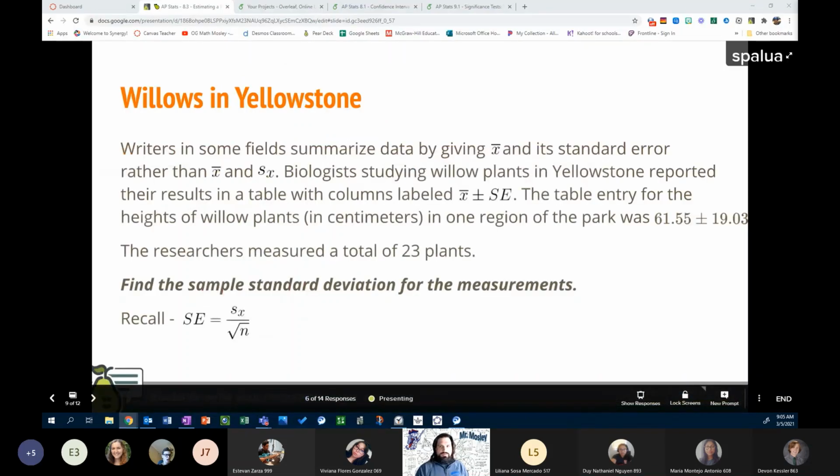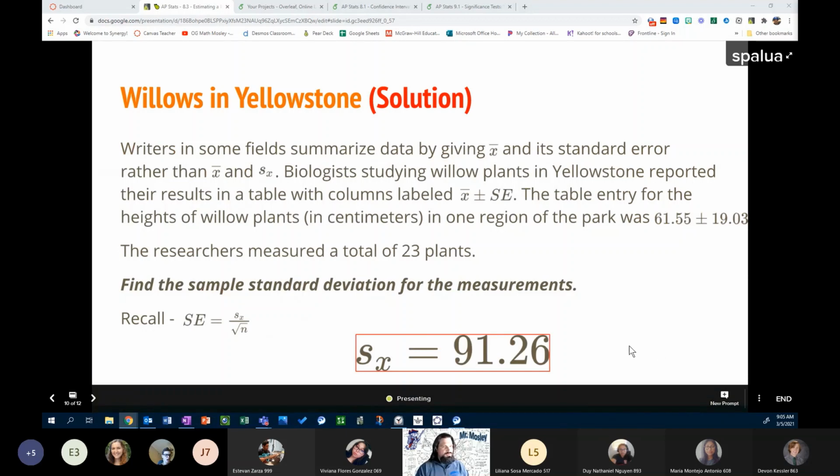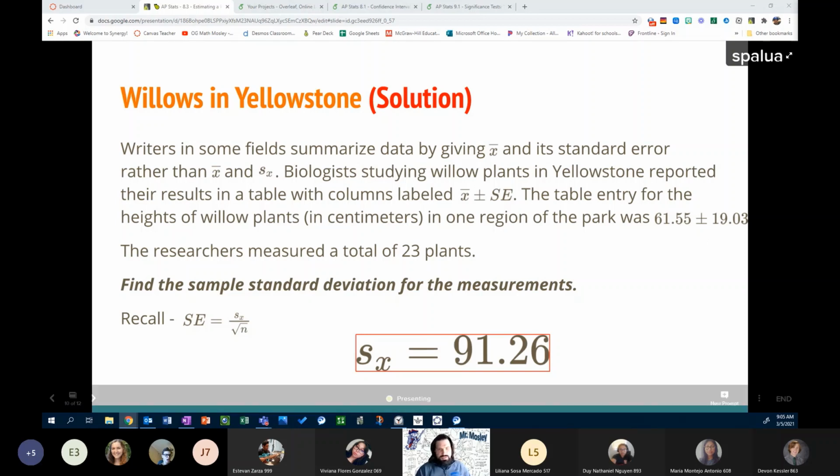And again, here we have our solution, as we just stated. This one's got errors, and I don't know if you guys can see this page. It's not cooperating. I forgot to fix this page. All right, so 91.26 is the approximate solution.